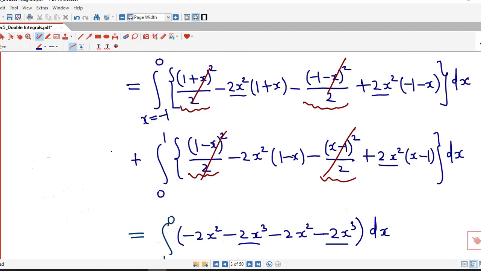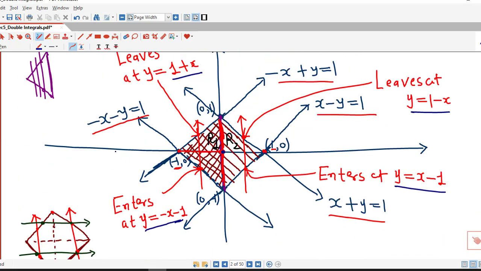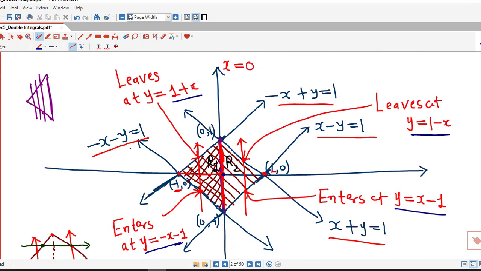So in this way we can decide the value of double integral, but we have to be careful. We have to check whether we have to divide the region or not. The same problem we can do by considering horizontal lines passing through the region of integration.